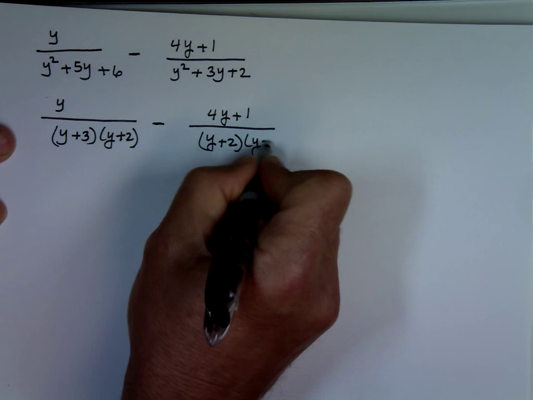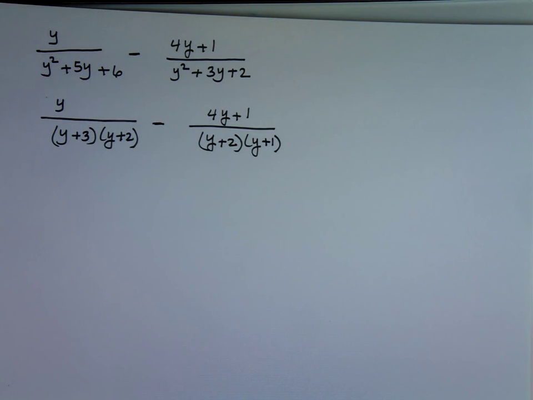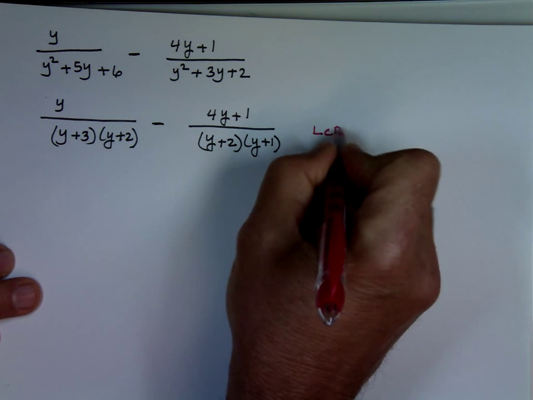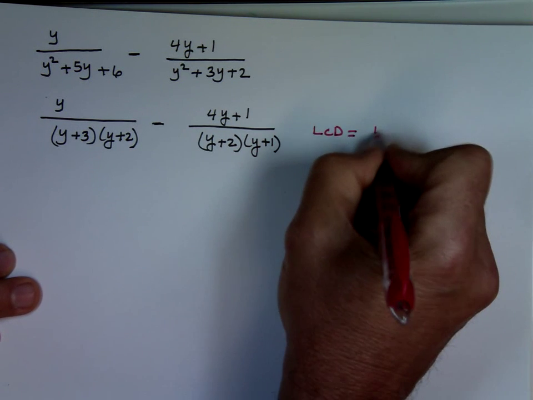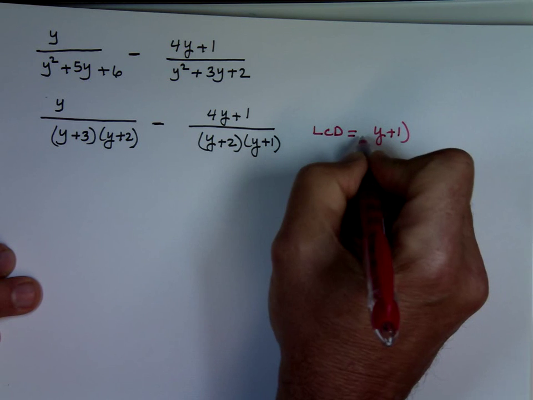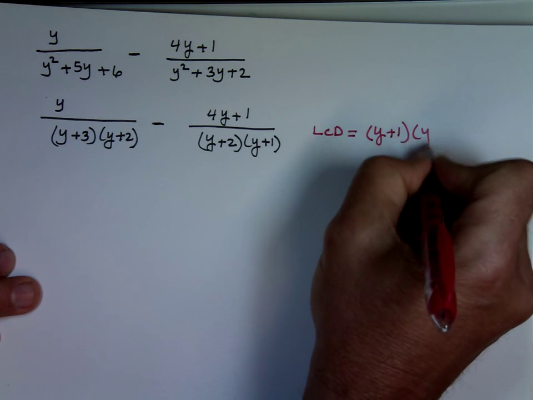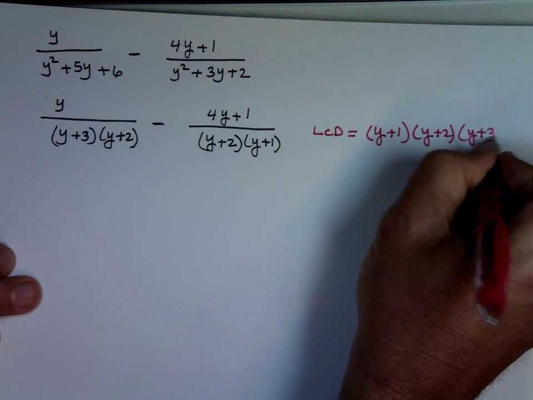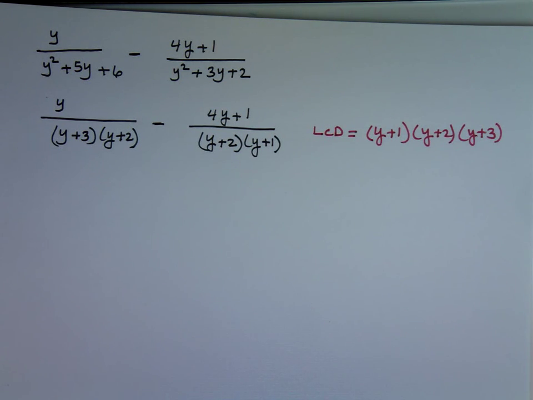And once you factor them, you have your LCD. It's the multiplication of all the different factors. I see y plus 1, I see y plus 2, and I see y plus 3.